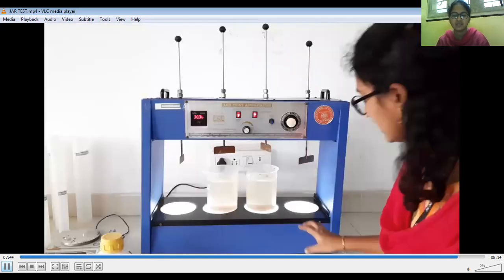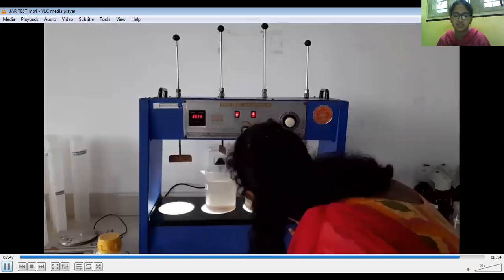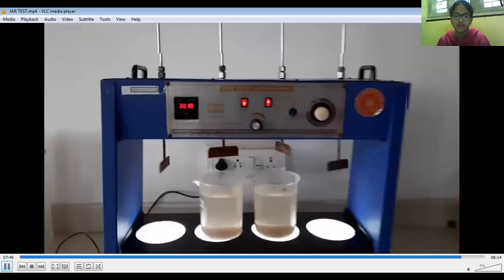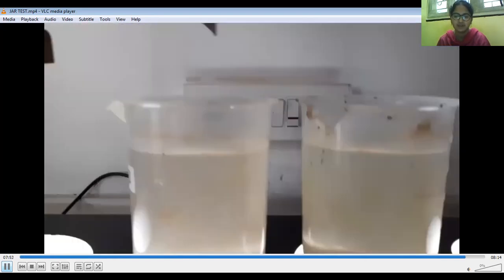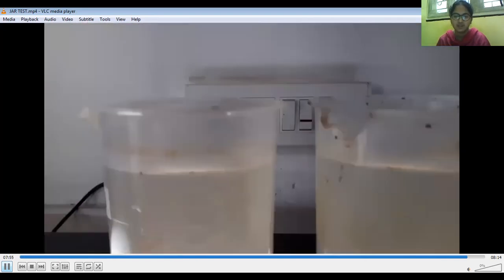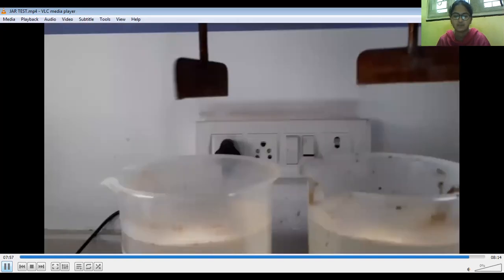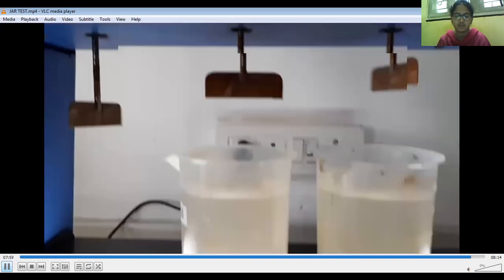We can say the maximum turbidity removal is at the dose added, that is 10 ml for 1 liter of water.